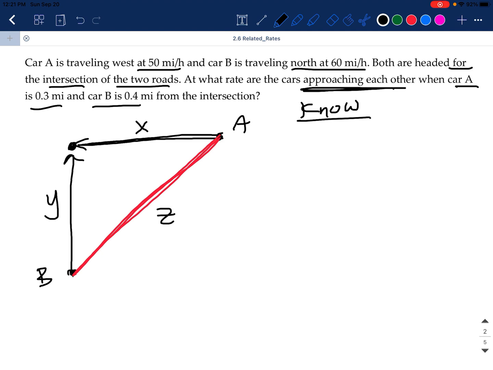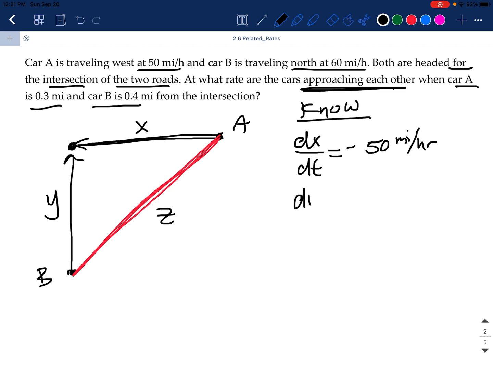So we know that car A is traveling west at 50 miles per hour. So dx over dt is equal to 50 miles per hour. But the distance is decreasing at that rate. So we're going to say that it's negative 50 miles per hour because this is really a vector moving to the west.